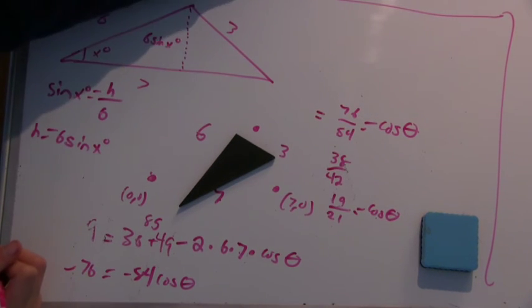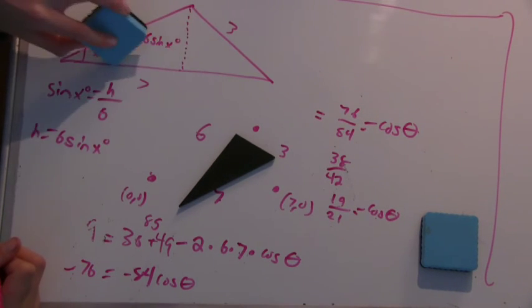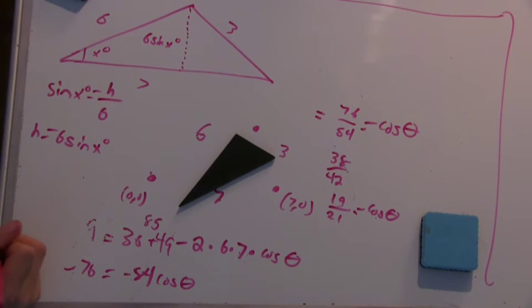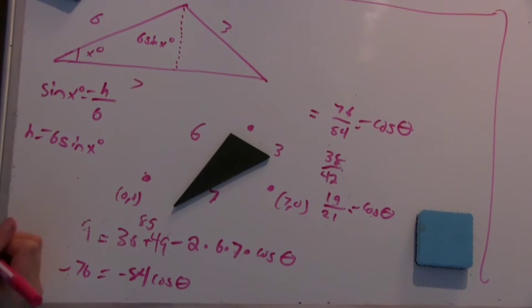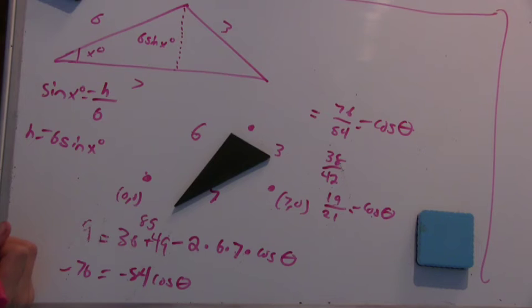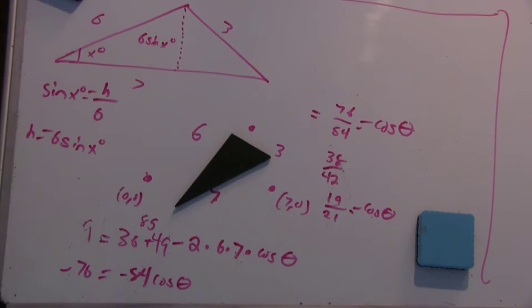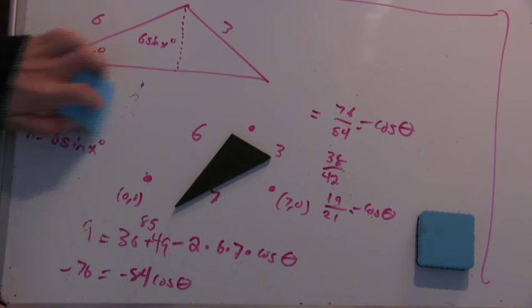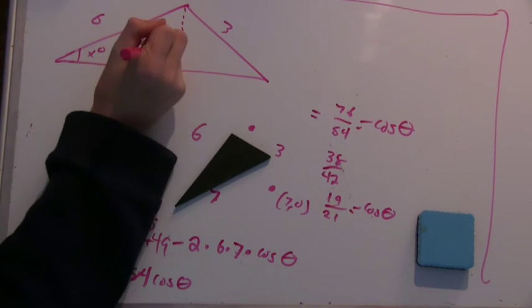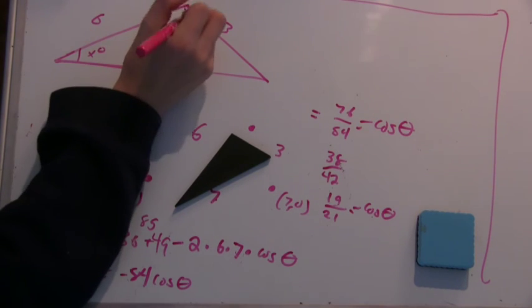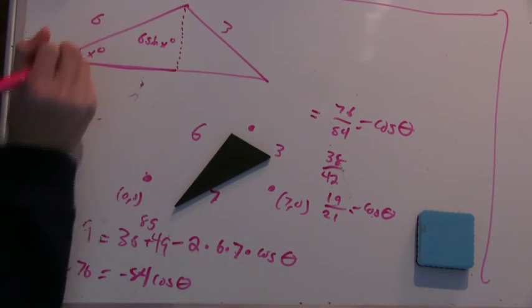And this distance here, we don't really know. Well, I guess we could figure that out because we know from the Pythagorean theorem this length squared plus this length squared equals 36.